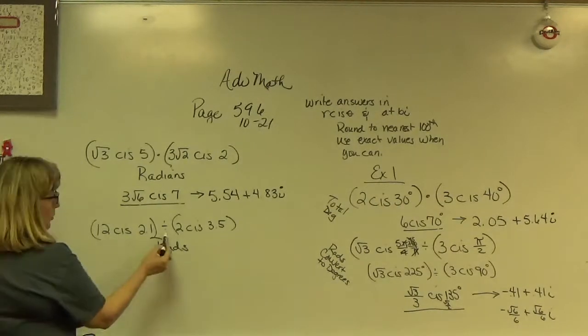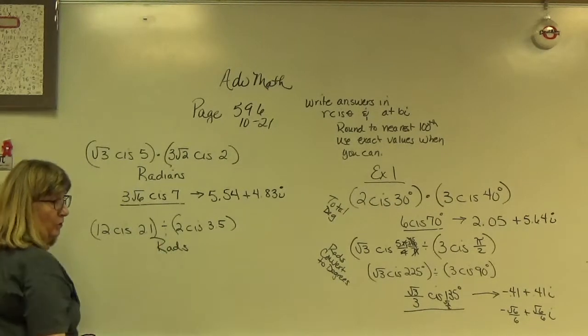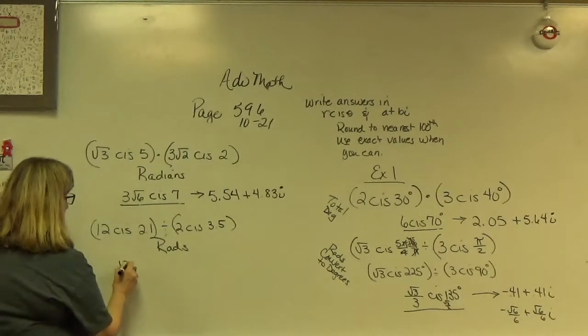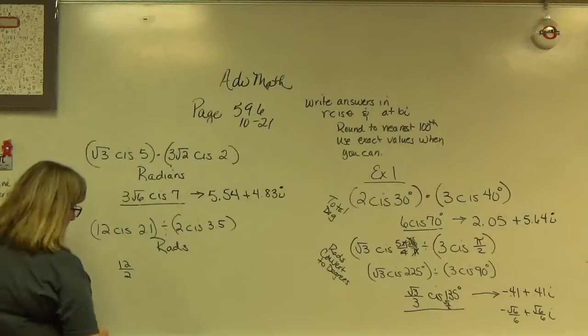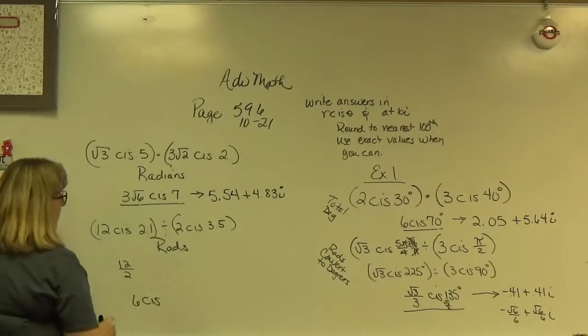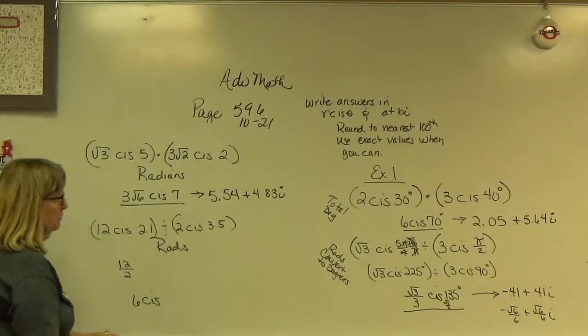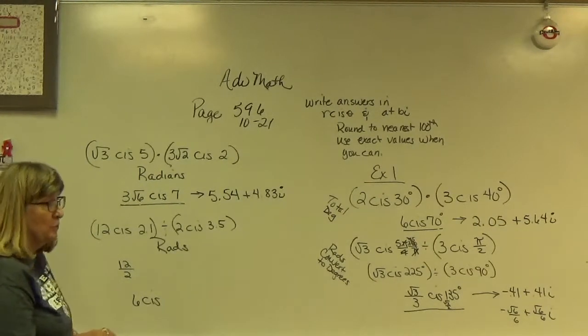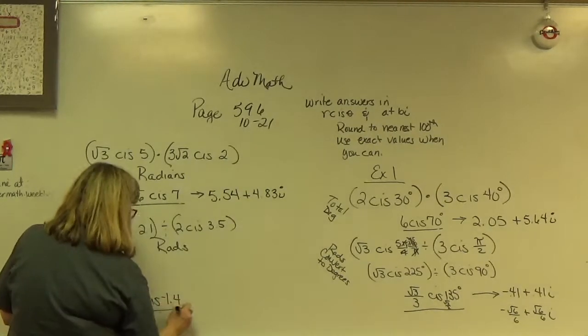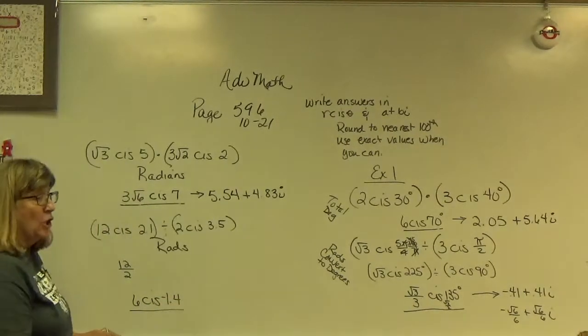So we're in division, it's a quotient, so what do we do with our R's? 12 divided by 2 is going to end up being 6. Cis of, what do we do with our angles? Subtract them. So what's 2.1 minus 3.5? Negative 1.4. And you will have negatives occasionally. So there's the first answer. That's in R-cis form.